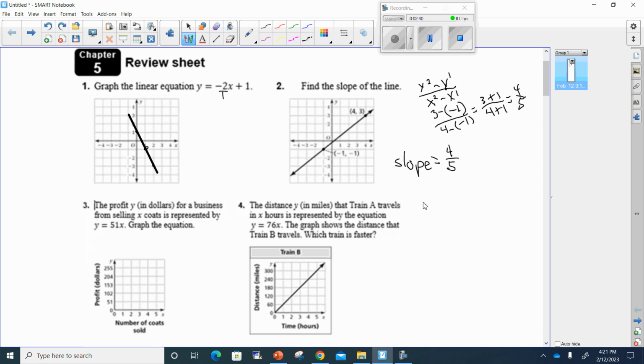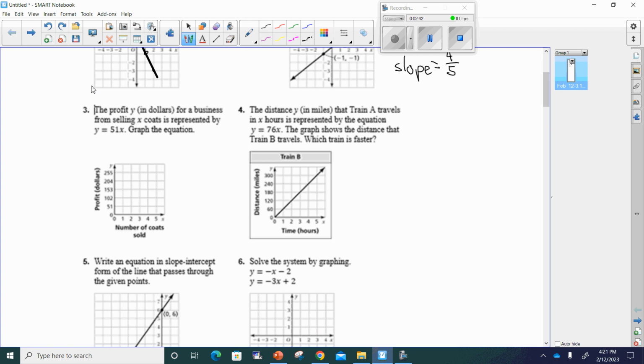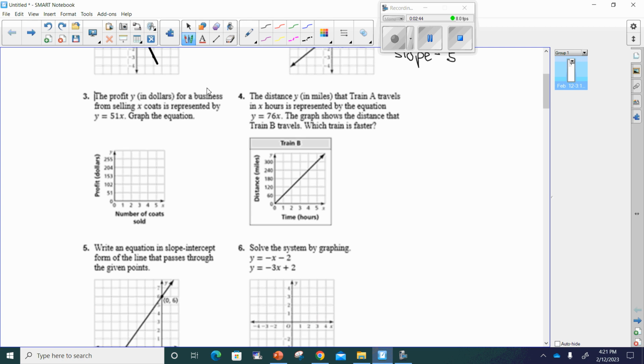All right. Let's move on to number 3. It says the profit Y in dollars for a business from selling X cost is represented by Y equals 51X. Graph the equation. Okay. So we know that there's nothing extra here, so it's going to go through our origin. That's good.